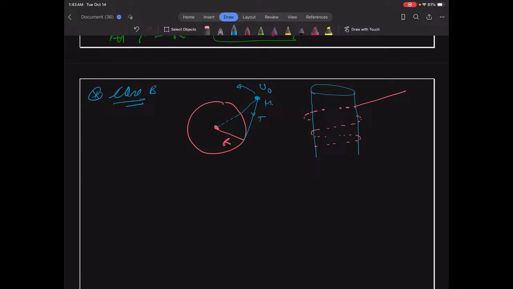So in this case, the string is not going to pass through the hole, which is denoted as O, but it is going to wrap around the exterior of the cylinder as the mass rotates. So let us assume that initially the string length is L, which is going to be fixed.